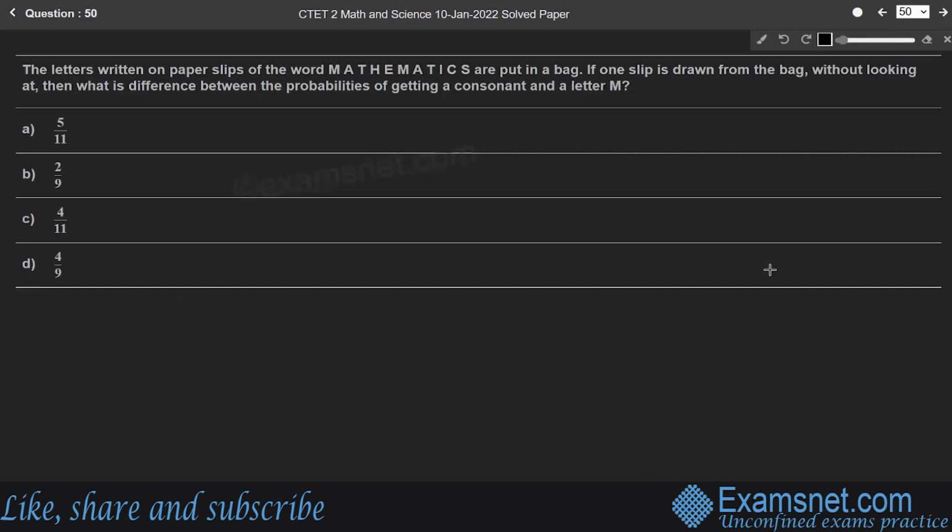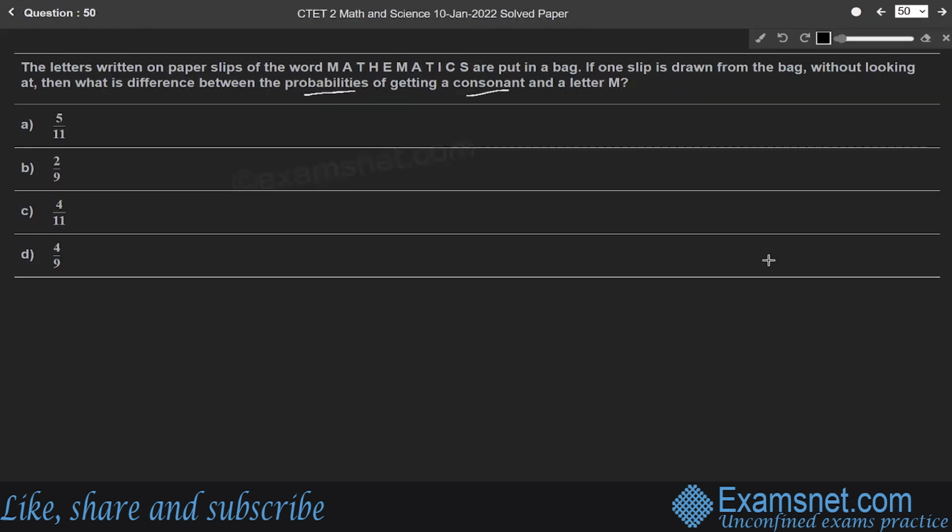Question 50. The letters written on paper slips of the word mathematics are put in a bag. If one slip is drawn from the bag without looking, then what is the difference between the probabilities of getting a consonant and a letter M? Here we are using the concept of probability.